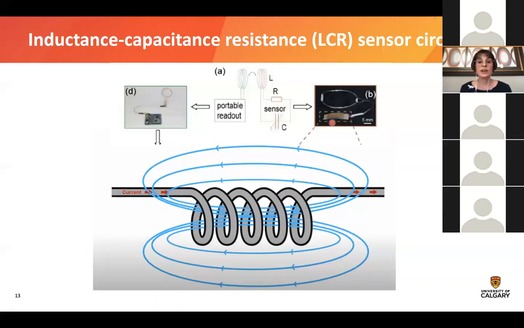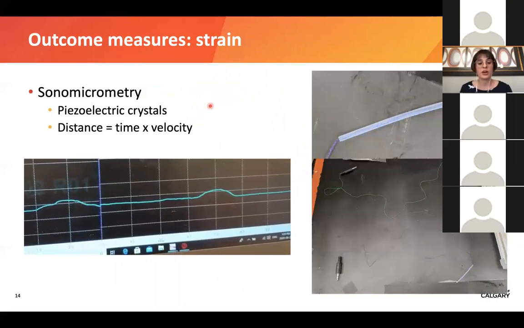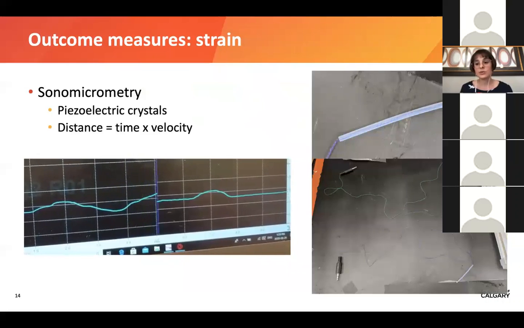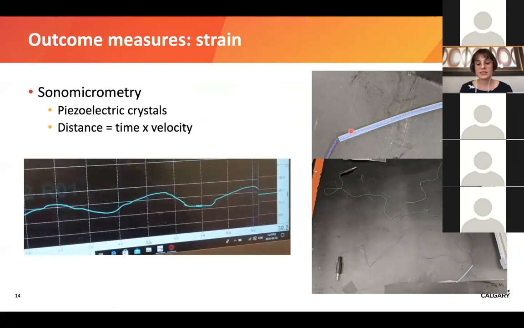Now, if we want to know if we're measuring with this sensor what we think we're measuring, we have to combine it with other types of technology that we are familiar with, and compare those results to the results from this strain sensor, the stretch that we measure. These other technologies include sonomicrometry. What is this? These are crystals, which you can see here, that are connected to the purple wire.